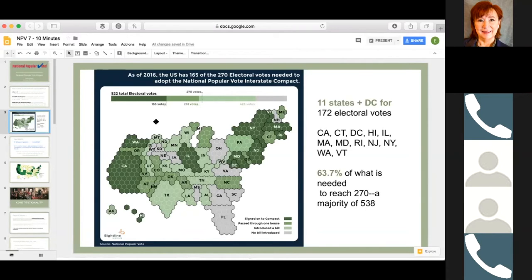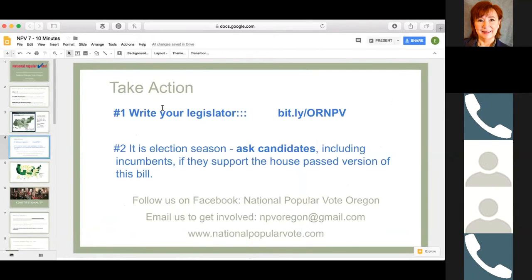Another thing you can do is ask candidates while they're out on the campaign trail if they support this bill. We do have a majority of support in our vote count in the Senate. We know that if this bill was allowed to come up on the floor, it would pass, which is really frustrating, especially when it's a bill about voting. So we're strongly encouraging people to go to town halls and ask potential candidates, including incumbents, if they would support the House-passed version of this bill.